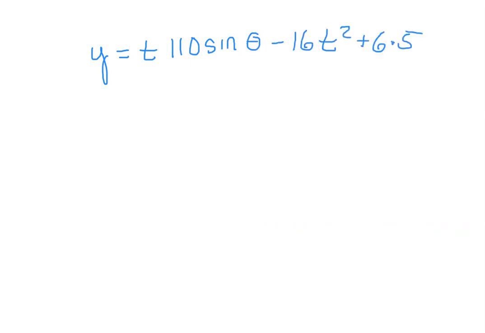Those were all the things that we said we knew at the beginning. And it says, what was the height of the ball when it was caught by the player? Well, it was caught by the player at 1.8 seconds. So we're going to just find y when t equals 1.8. So we're going to substitute 1.8 in here, because now we know theta is 15.28.